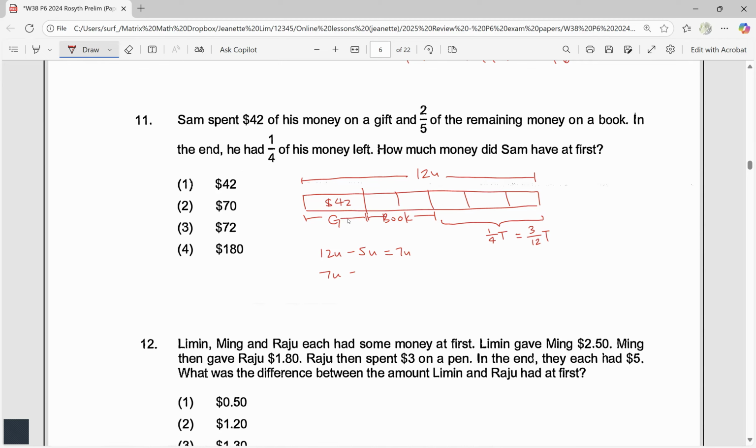So 7 units is 42. One unit is 6. Okay, 1 unit is 6. How much did Sam have at first? So 12 units. 12 times 6 is 72. So answer option 3, $72.